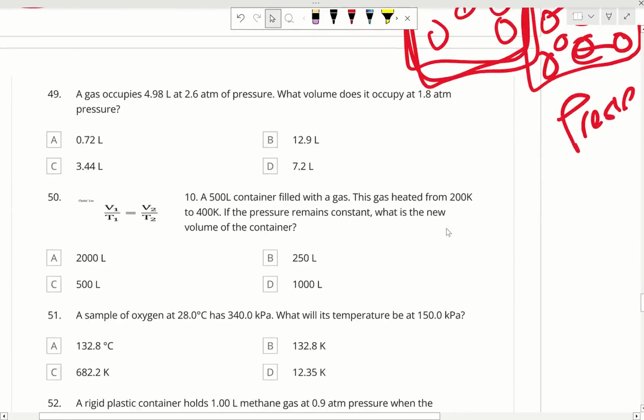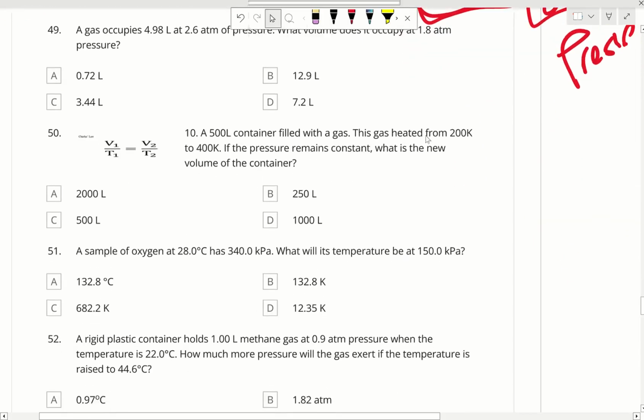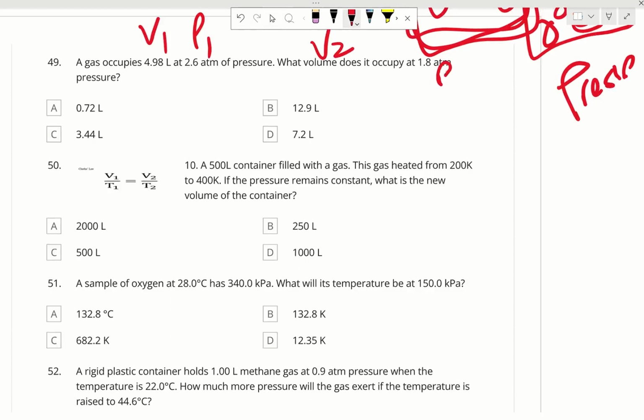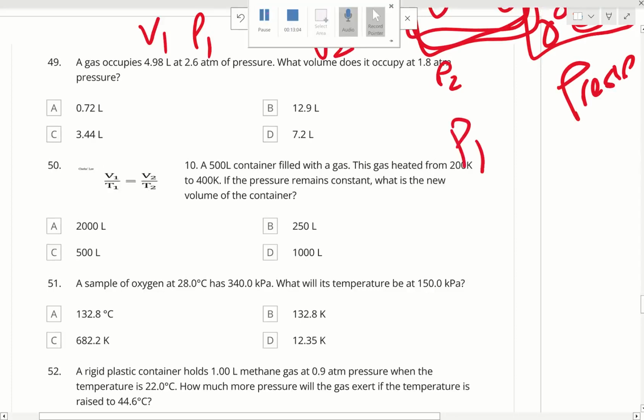Number 49, I have to move quicker. A gas occupies 4.98 liters, so this is volume 1, at 2.6 atmospheres of pressure. This is P1. What volume, V2, does it occupy at 1.8 atmospheres, P2? So you will have this formula on the exam.